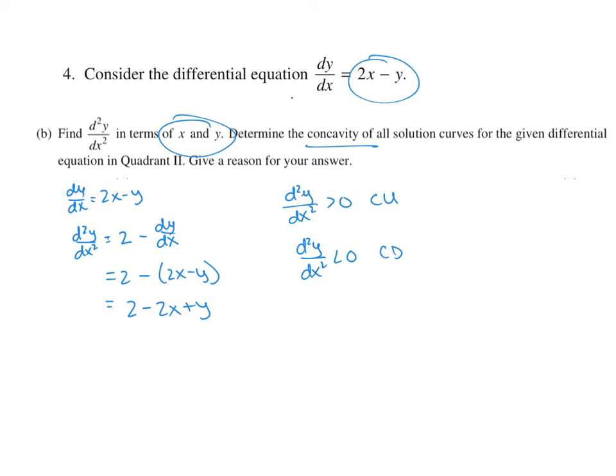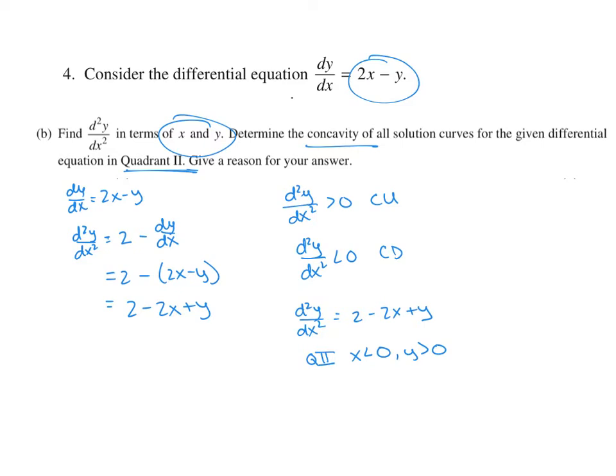And in quadrant 2, we have a second derivative of 2 minus 2x plus y, and we know that x is less than 0 and y is greater than 0.